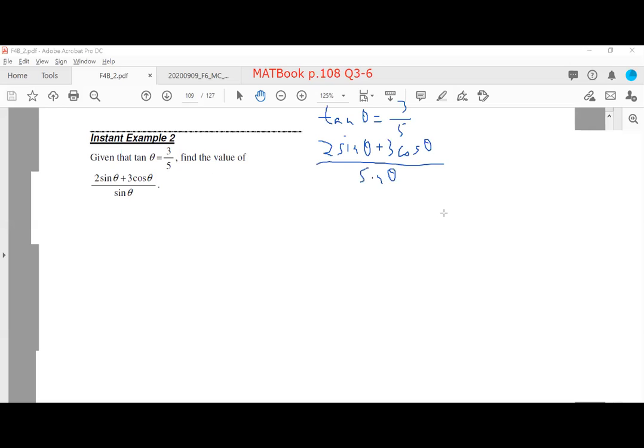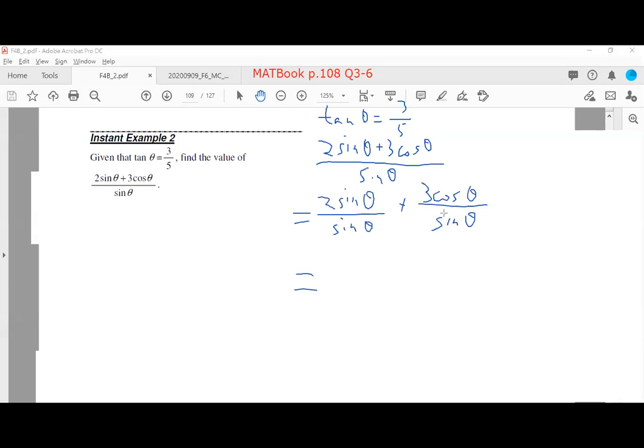theta. Actually, we can simplify this expression first, okay? Because this is a fraction, there are 2 terms on the top, which means that we can split the fraction into the sum of 2 parts, okay? 2 sine theta over sine theta plus 3 cosine theta over sine theta, sharing the same denominator, okay?